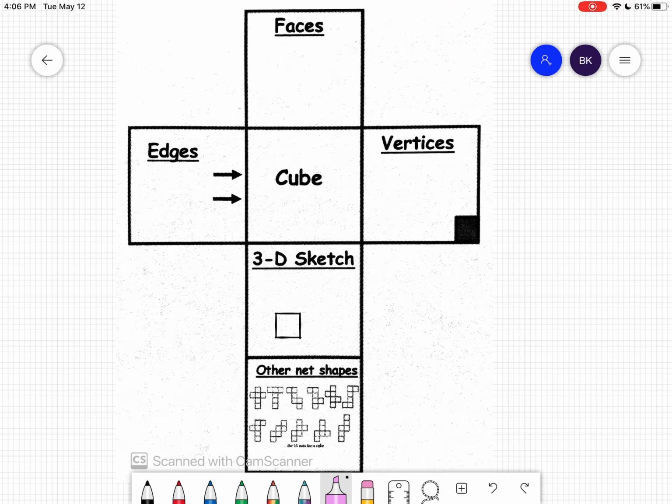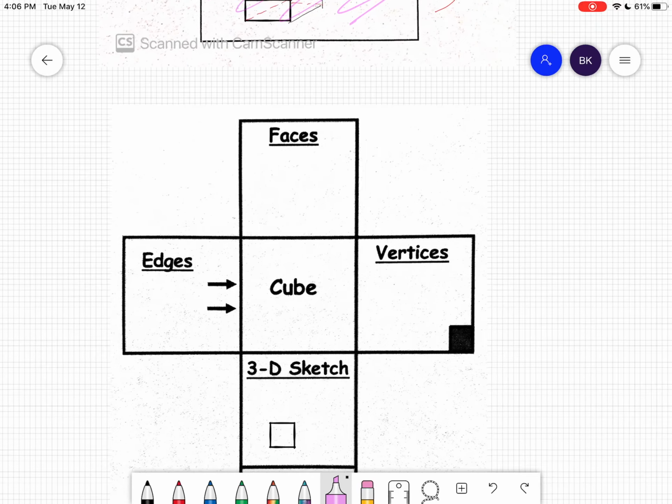Now we're going to move on to this shape, and we call it a cube. And a cube is a very special solid because every face has the same size in the cube, and every edge is the same length.